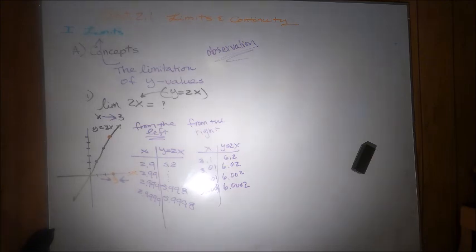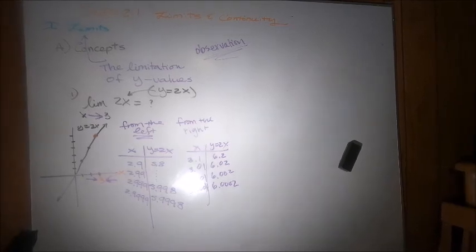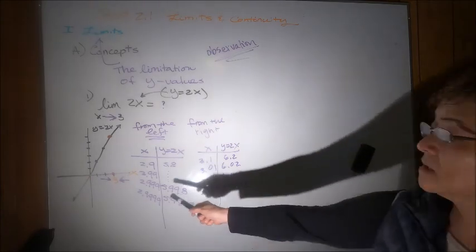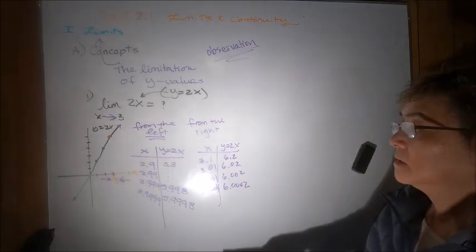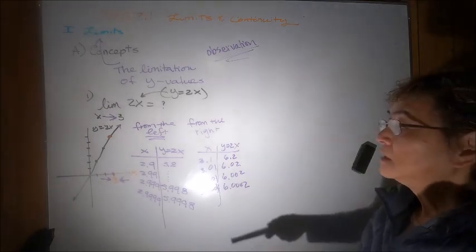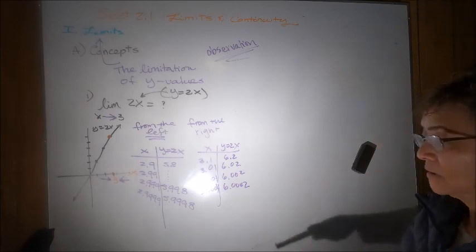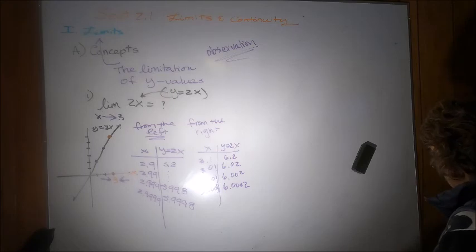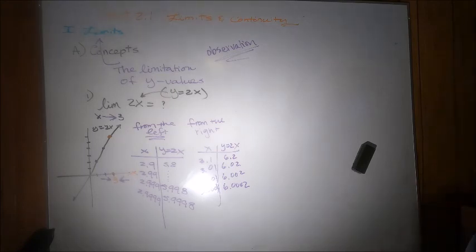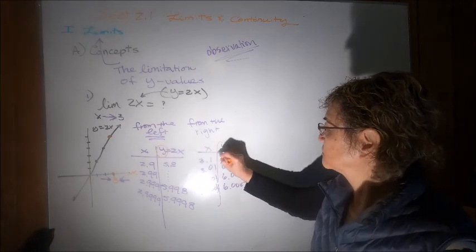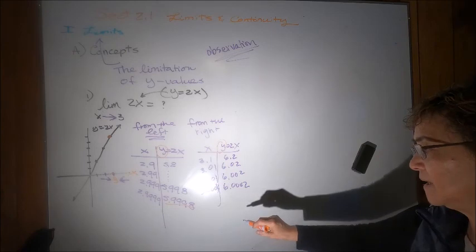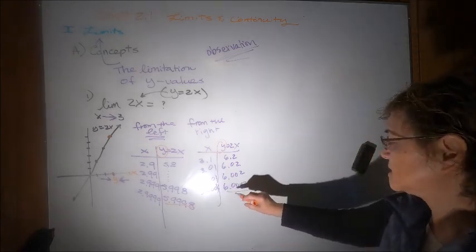Okay? So, what do you think? When x is approaching 3, what's your y? What's your y's limitation? The y would be bounded by what? Okay, so you can see that's our y, right? This one is getting 5.9998, then this one will be 6.002.